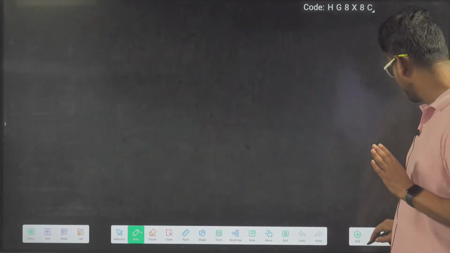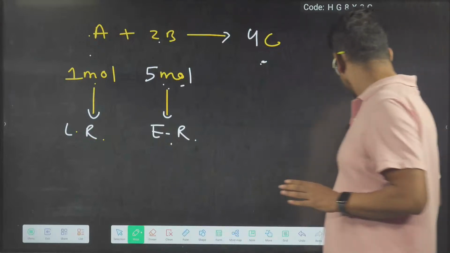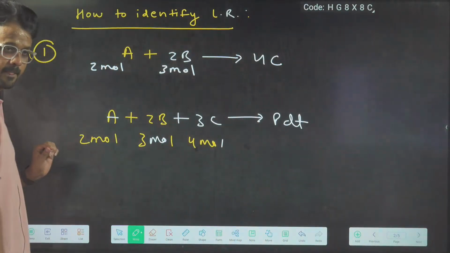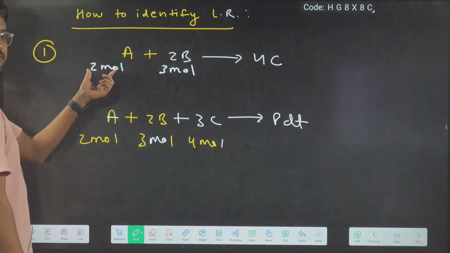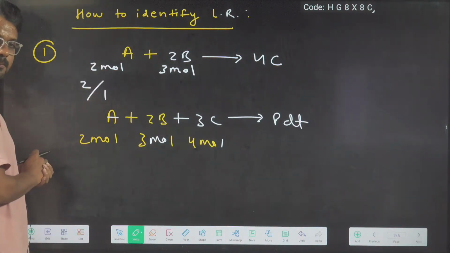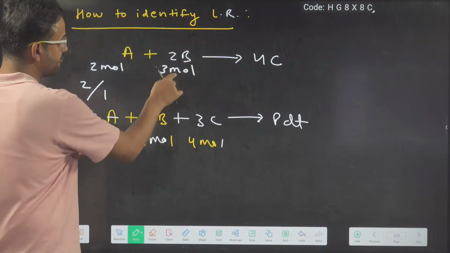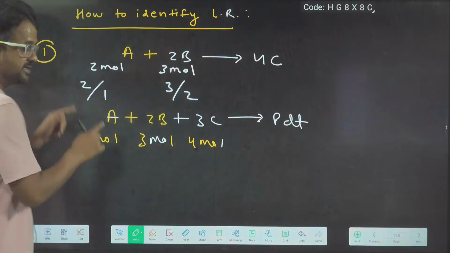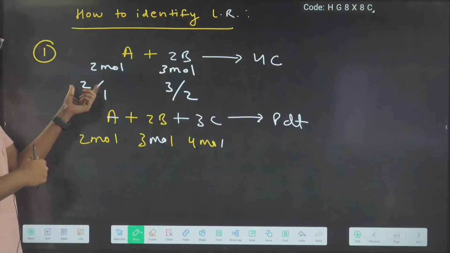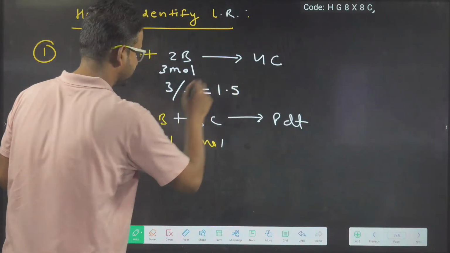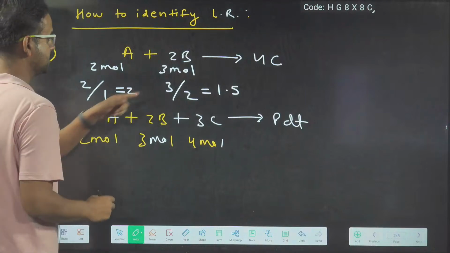So now listen to me, everyone. This was the question. What we have to do here is moles of A upon A, 2 upon 1, and moles of B upon B, 3 upon 2. Which is smaller? This is 2, and 3 by 2 is 1.5.